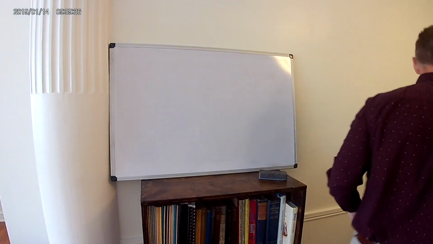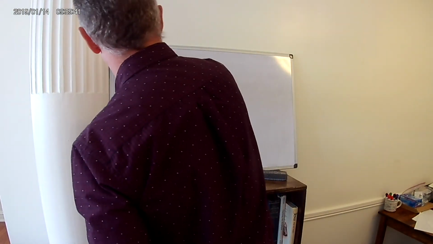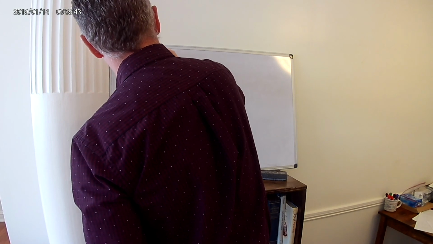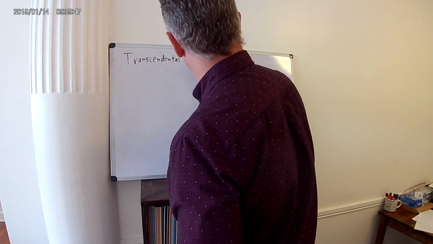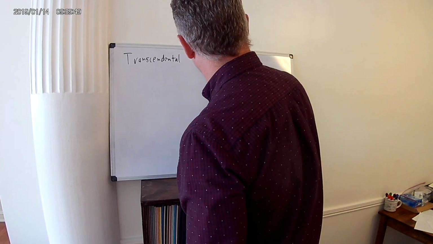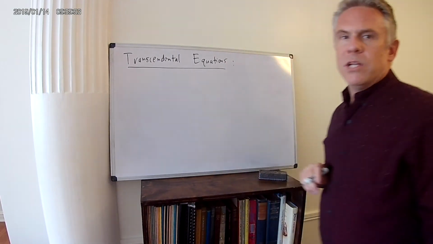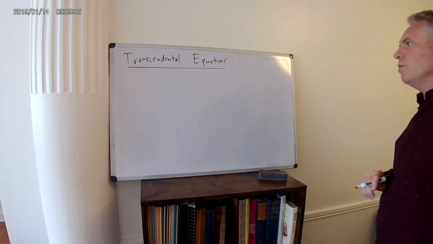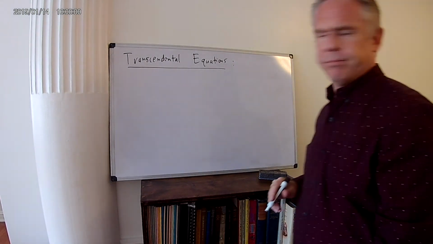A final example has to do with what are called transcendental equations. Transcendental equations are basically equations where you can't isolate x.